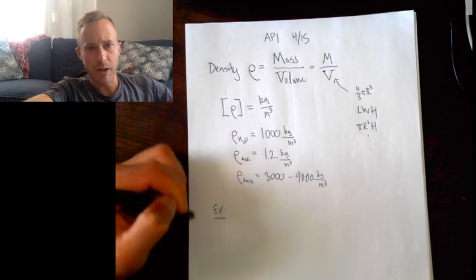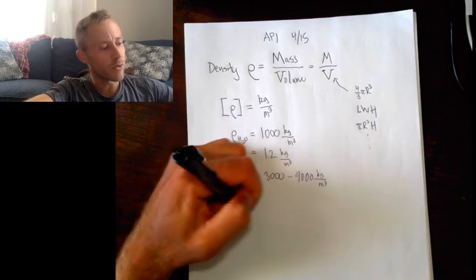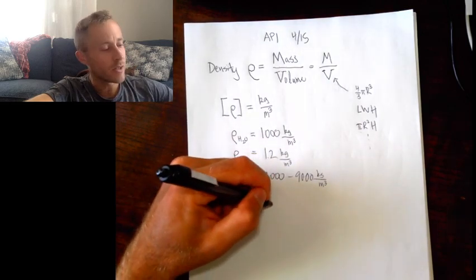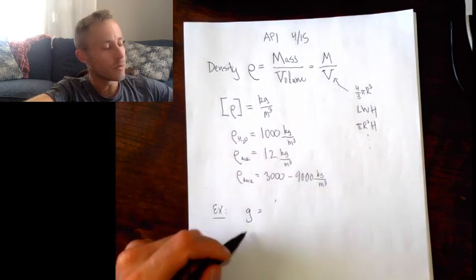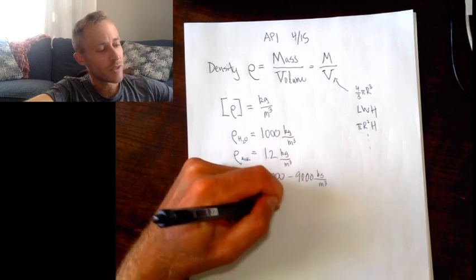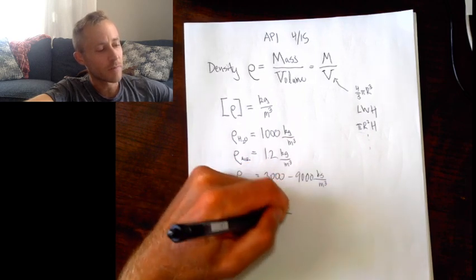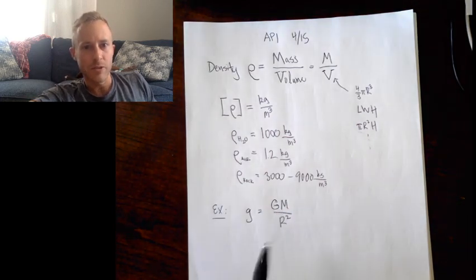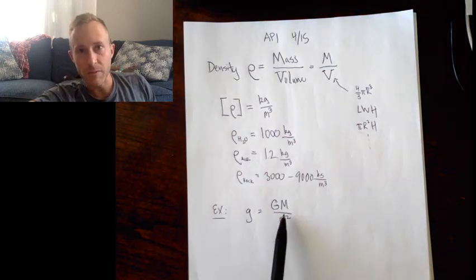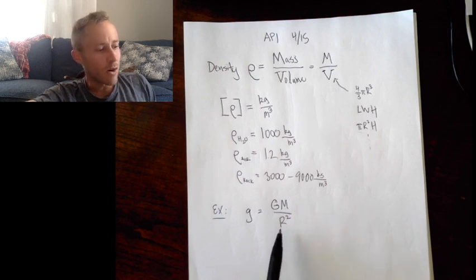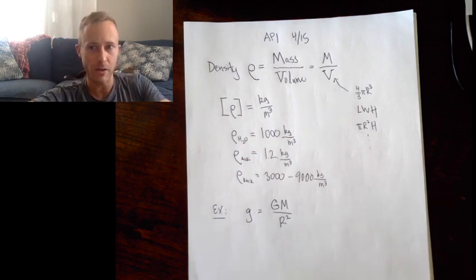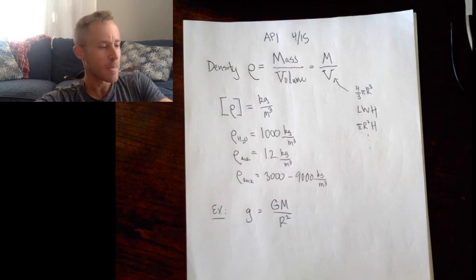So you might remember the equation for the gravitational field on an alien planet. Little g is equal to big G times big M over r squared, where M is the mass of the planet and r is the radius of the planet. So this is the acceleration due to gravity if you're standing on the surface of the planet.